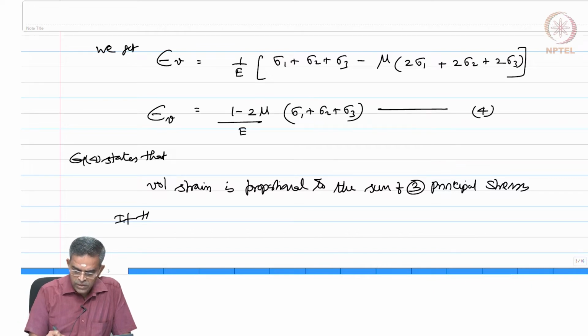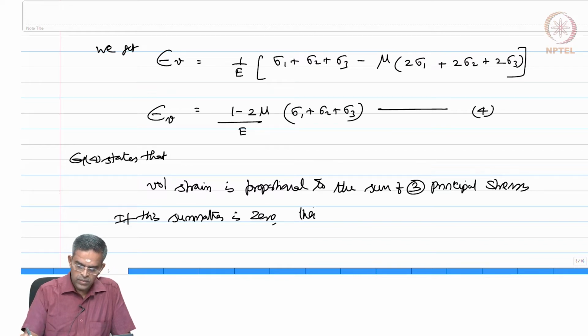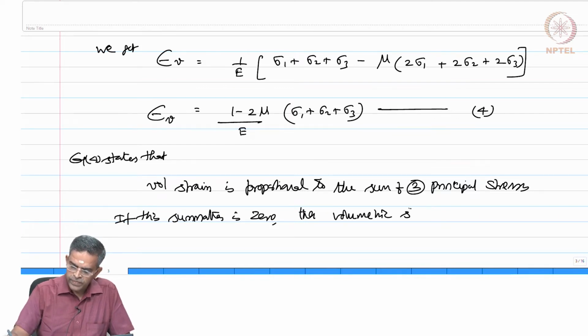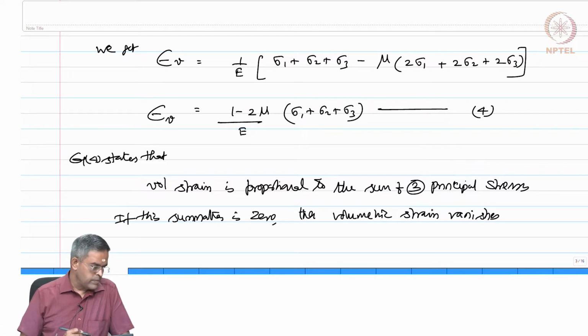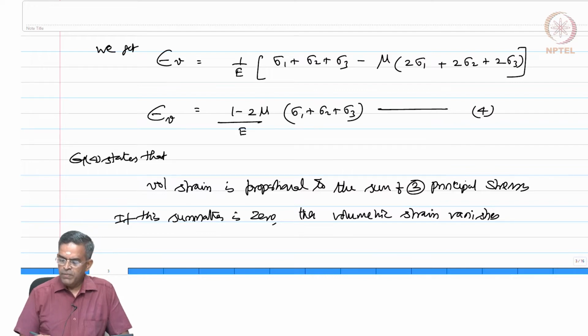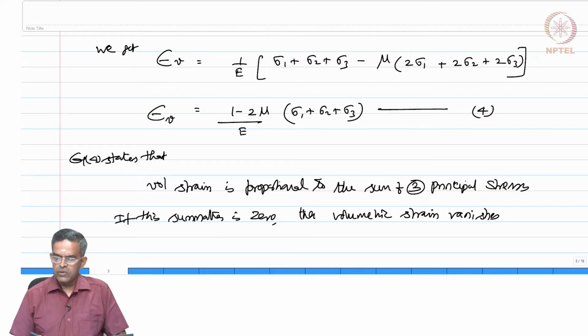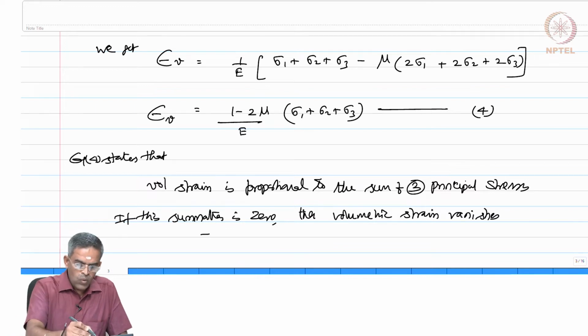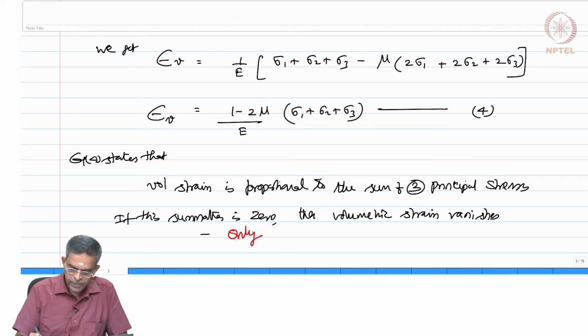If the summation is 0, then volumetric strain vanishes, correct? So, if the volumetric strain vanishes, what happens to the member or the body? Only the body or the member will be subjected to distortion.